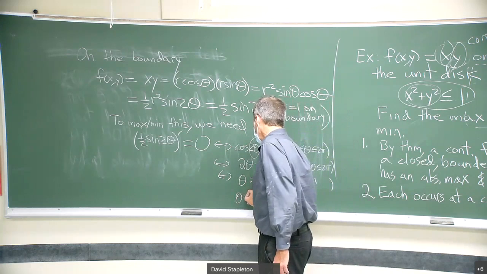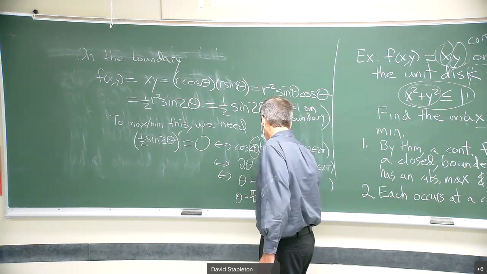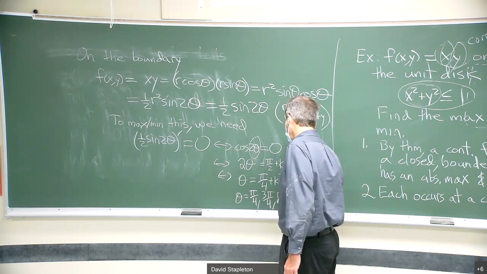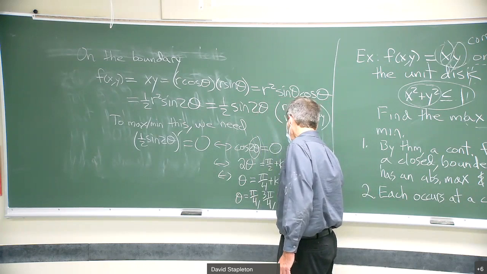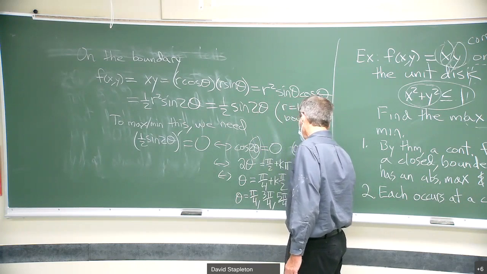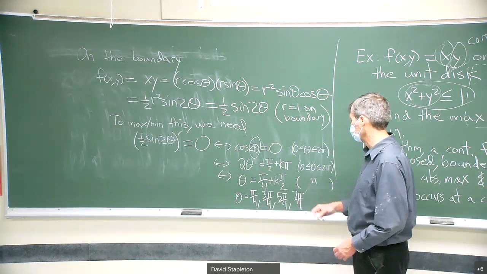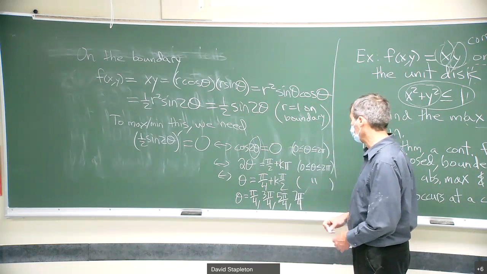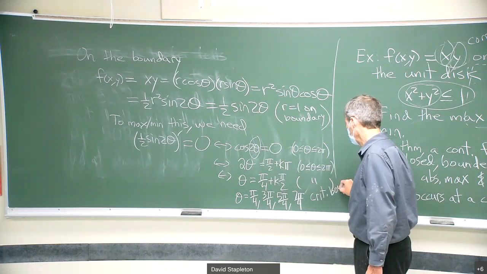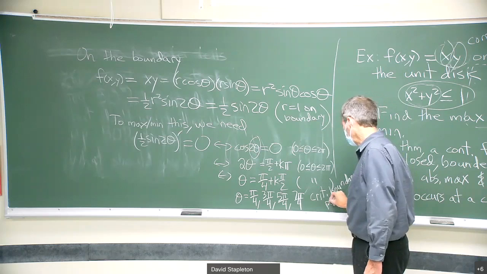If you put k equals 1, you've got 3 pi over 4. If you put k equals 2, you've got 5 pi over 4. If you put k equals 3, you've got 7 pi over 4. And all other values of theta are either bigger than 2 pi or less than 0. So these are the critical boundary points, all the candidates on the boundary where you might have a maximum.